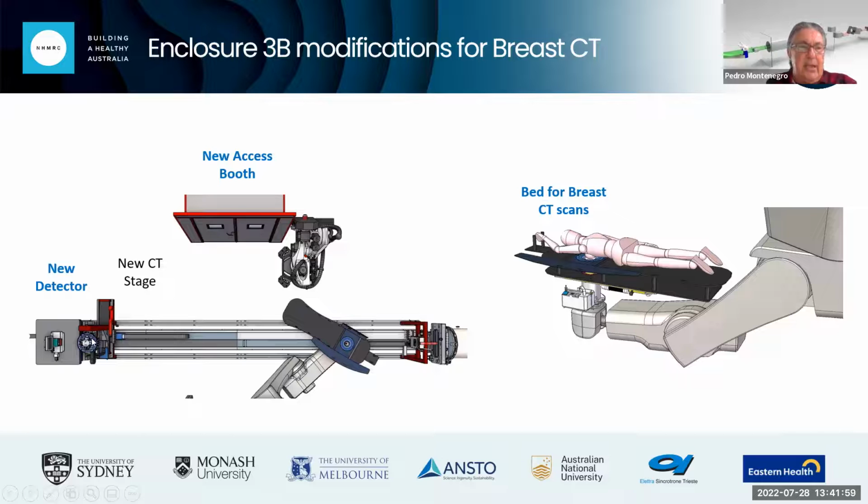Now, the new detector here, and I don't have an image of it in that presentation, is a 1.5 million pixel Dectris detector that was made in Switzerland, and it has 135 millimeters by 80 and a frame acquisition rate of 200 hertz.